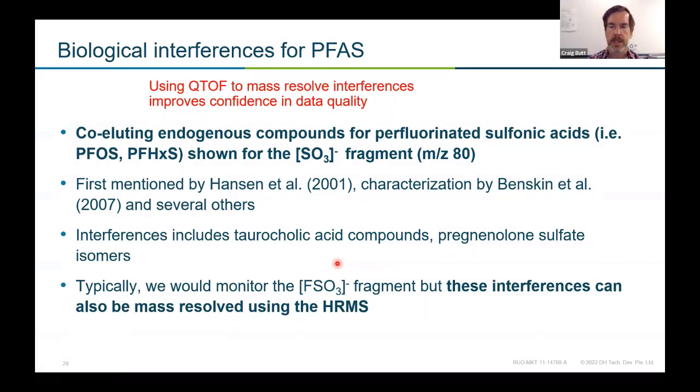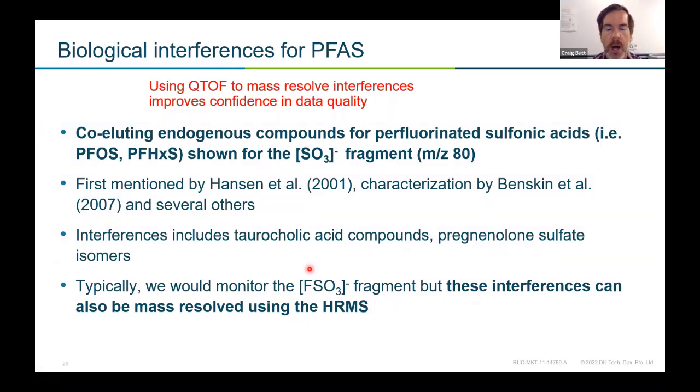And some additional work from John Benskin in the later 2000s and now others that have followed up on it did do a characterization to try to understand what those were. So typically what we would do is instead of monitoring the 80 fragment, right, the SO3 fragment, we would monitor the 99 fragment, which is the FSO3 fragment.